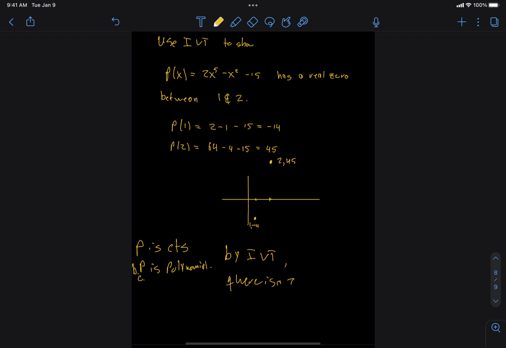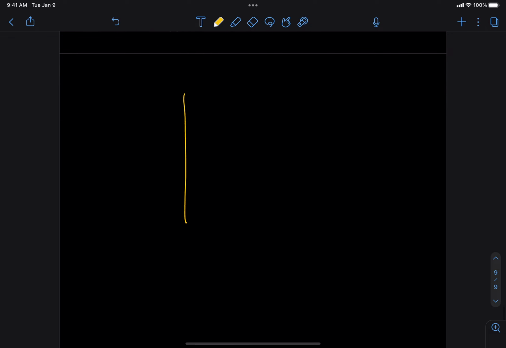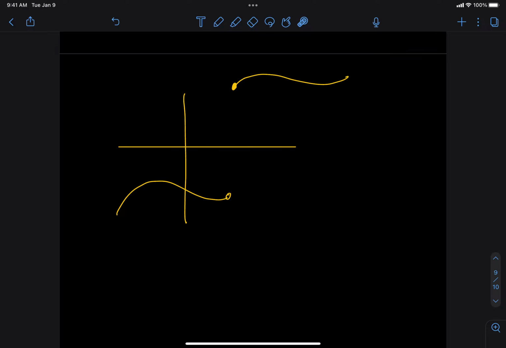Why does it have to be continuous for this to work? Well, let me show you a non-continuous function. Here's a non-continuous function. You'll agree with me that the value of the function at this x value is negative, and the value of the function at this point is positive, right? So, does the function have a 0 in between? No, right? It doesn't touch the x-axis anywhere.